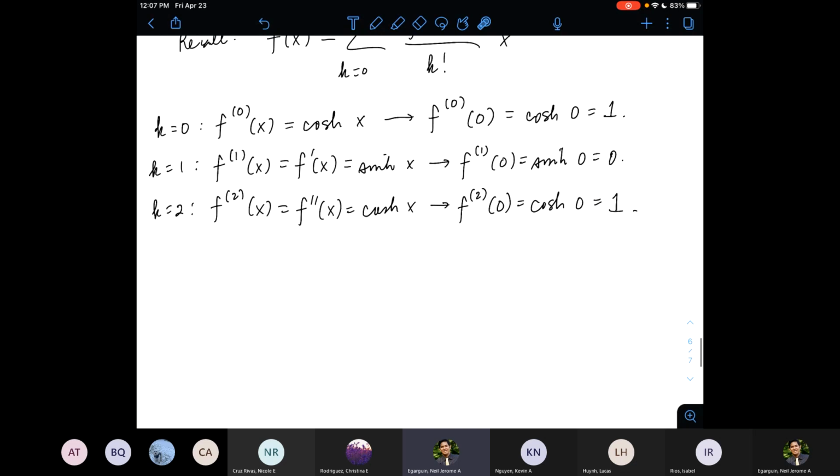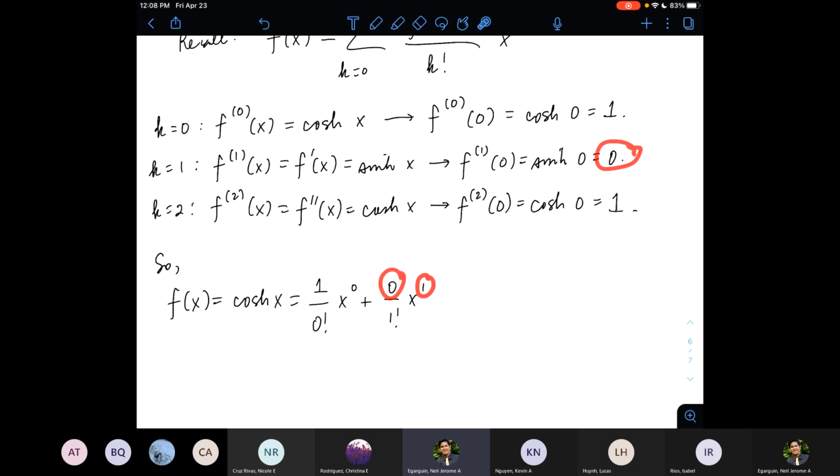All right. So therefore, I can write our f of x, which is a hyperbolic cosine of x, as when k is 0, k is 0 is even. So I'll have 1 over 0 factorial x to the 0 plus 0 over 1 factorial x to the 1, because f upper 1 evaluated at 0 turns out to be 0.